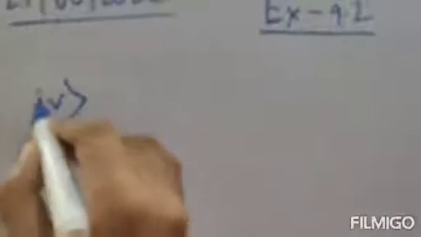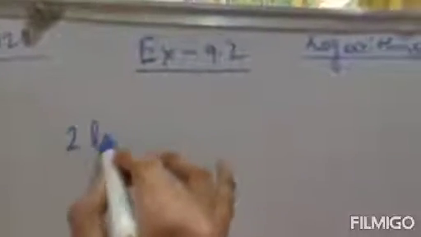Next question number 4. Question number 4. 2 log 10 3. Here base is given. Division, log 3. Or the question is like this.